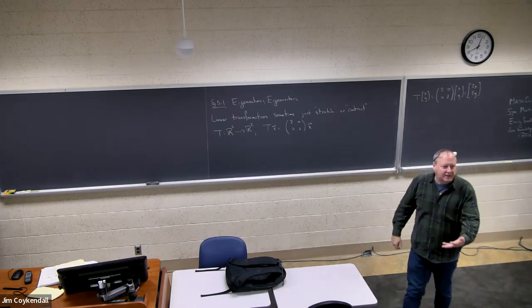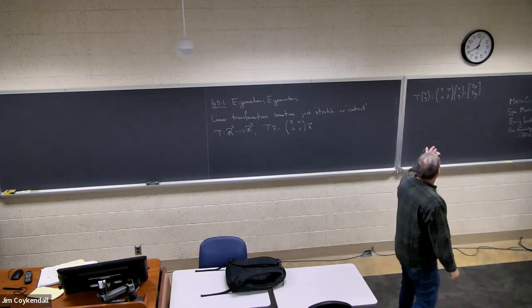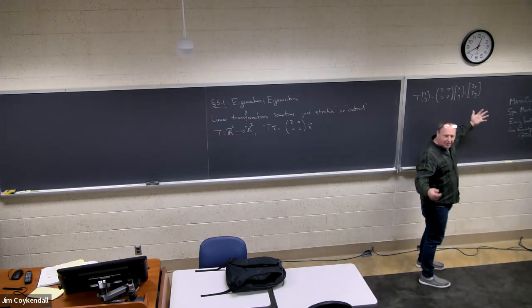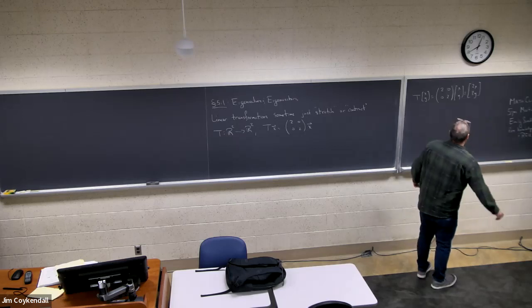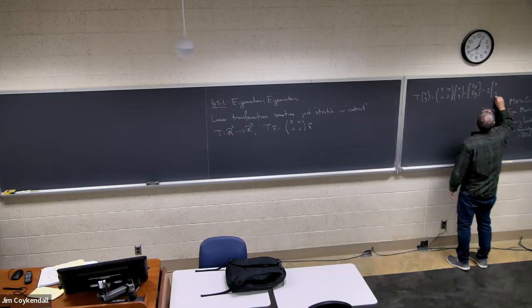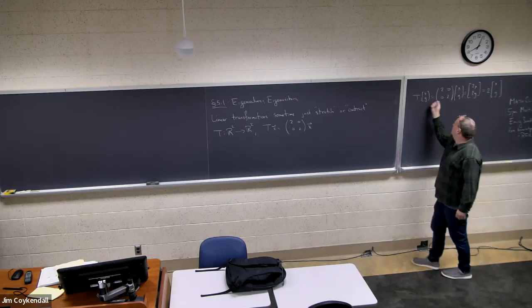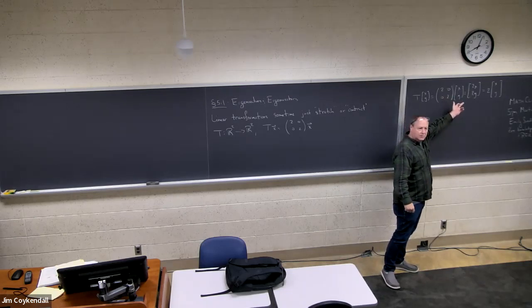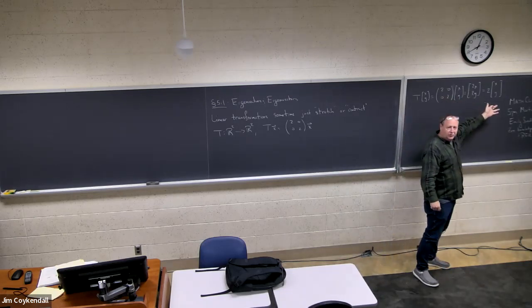But effectively, what has this done to the input vector x, y? Double it. That's it, just multiply it by 2. So multiplying any vector by this matrix is effectively just multiplying by the scalar 2.